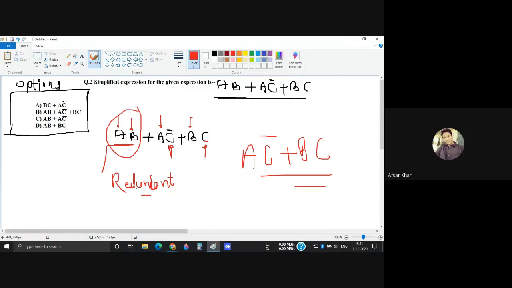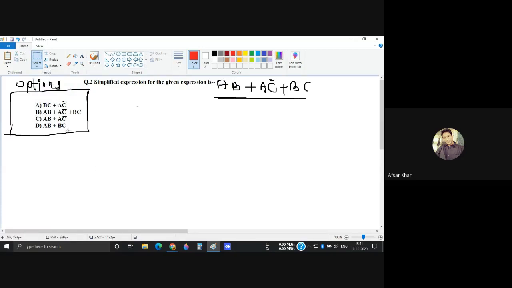Okay, so always go with the K-map because we don't remember all these properties. Yes or no, students? Yes, sir. So that was with the property. You have to write the consensus property if you have taken the screenshot. Now we will solve it with K-map.